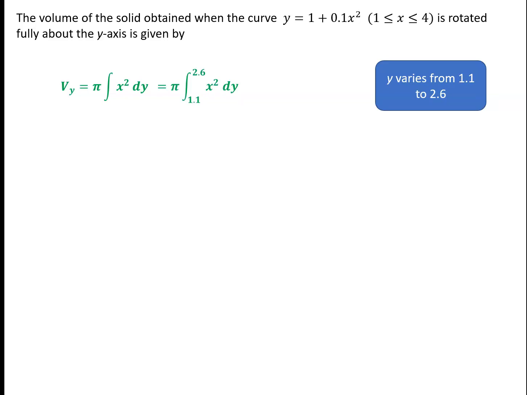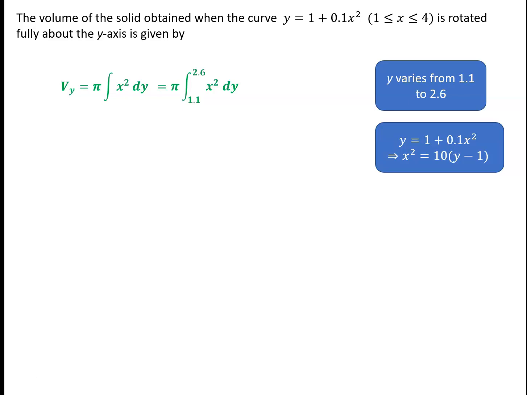But before we can do the integration, we have got to express x squared in terms of y. The fact that y equals 1 plus 0.1x squared means that y minus 1 is 0.1x squared. Multiply each side by 10 gives me 10 times y minus 1 equals x squared.